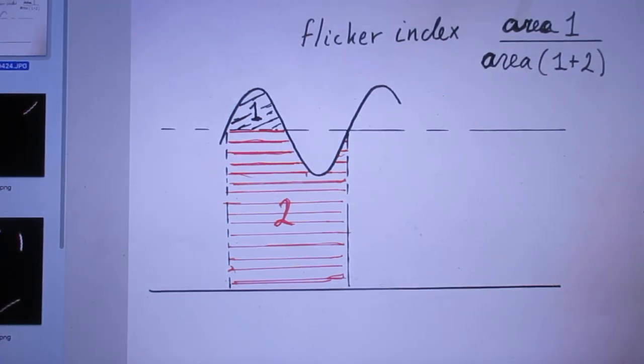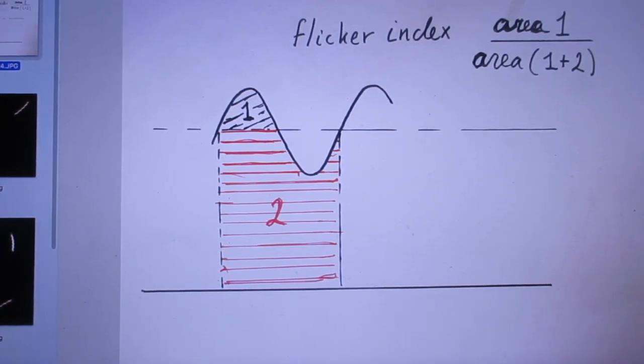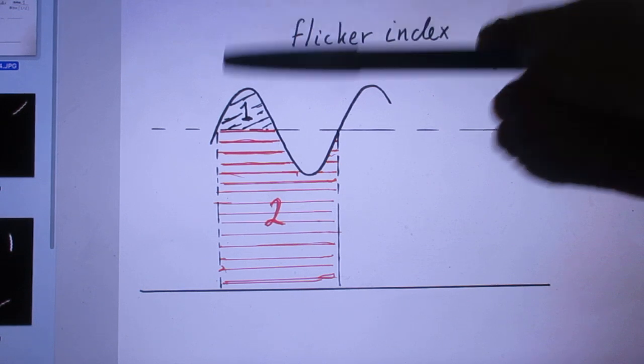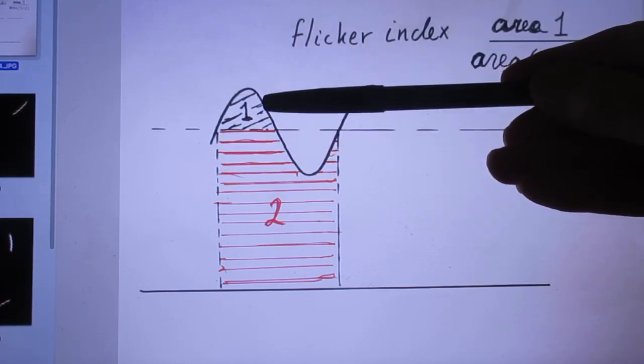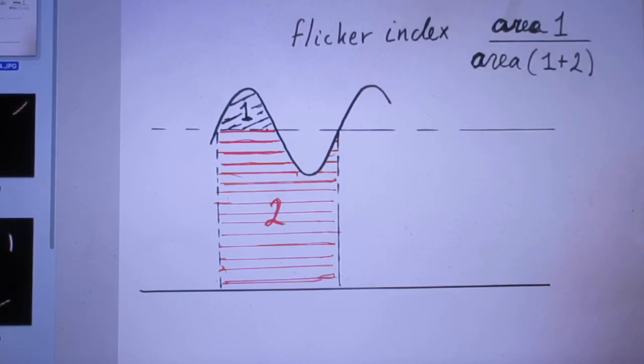So what counts is what's called the flicker index. I have here drawn a line. It's a sinusoid, but it could be anything else, whereby the light intensity reaches a maximum and it reaches a minimum and then it reaches a maximum again and so on.